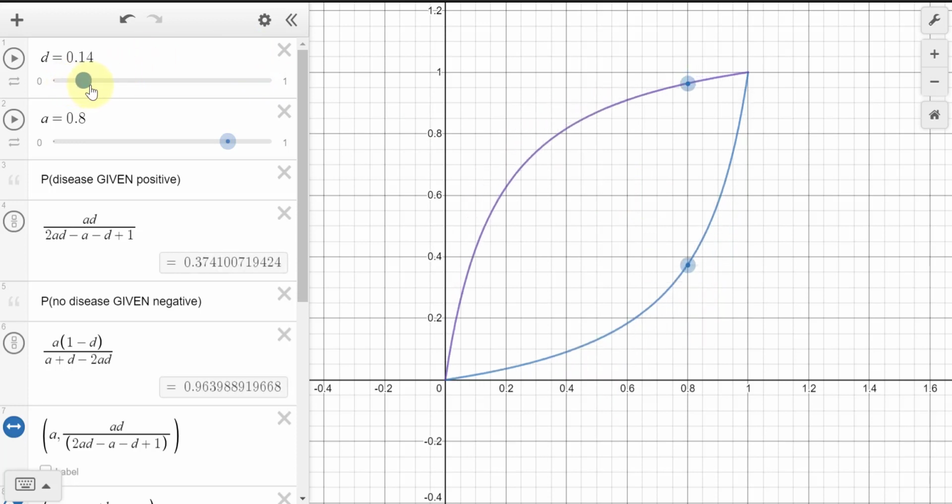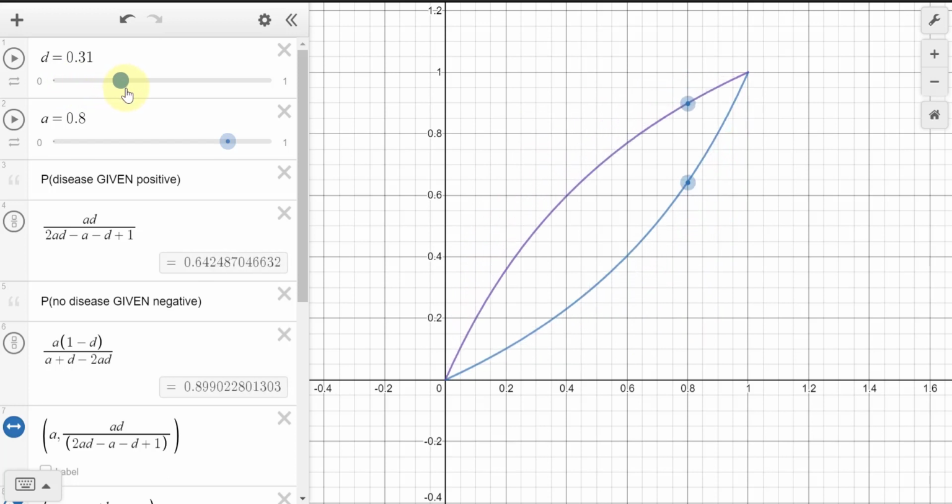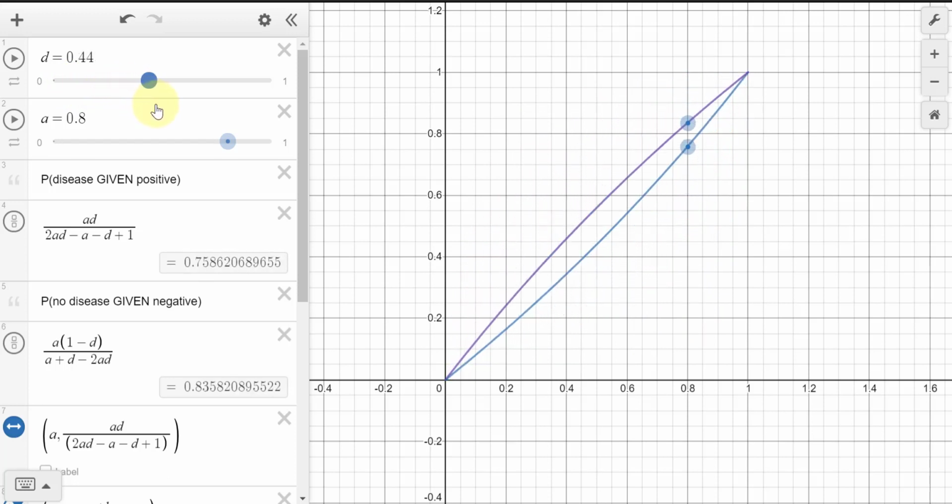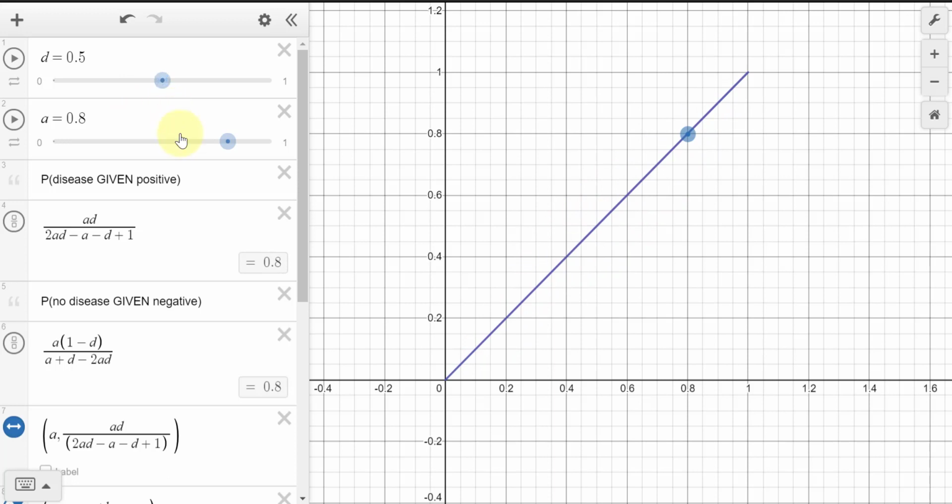But as I increase the prevalence of that disease among the population, oh, there's another interesting point right there at 50%. Now I realize that the probability that you have the disease if you test positive exactly matches the accuracy rate, if half the people have it and half the people don't.